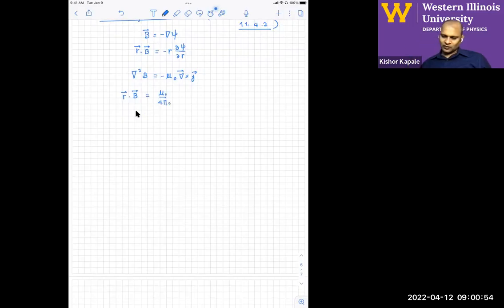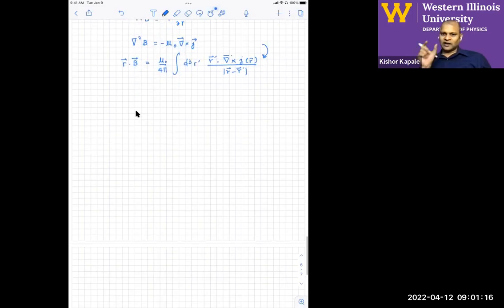Okay, so mu 0 over 4 pi, that's standard. And then we write it as an integral d cube r prime dotted with curl of j of r prime over |r minus r prime|. There are some conceptual jumps that have been made to identify the solution of the Poisson equation in terms of the integral.